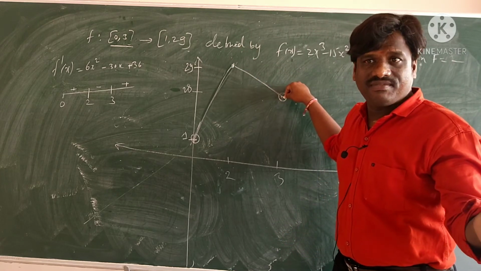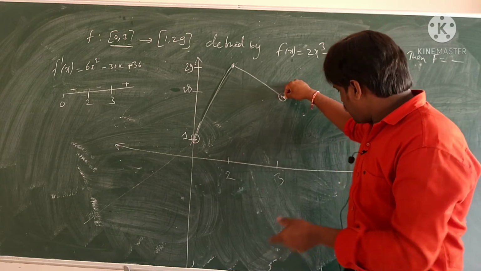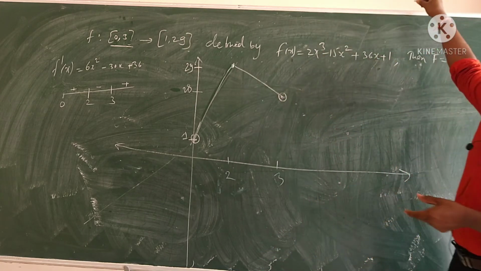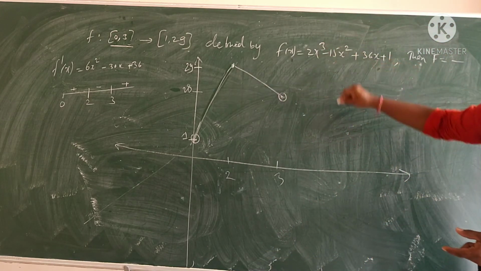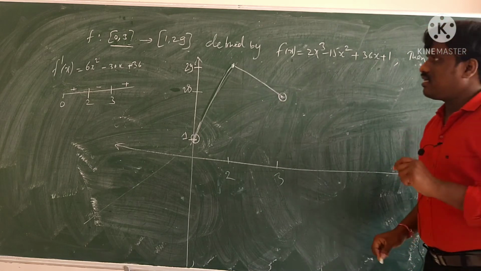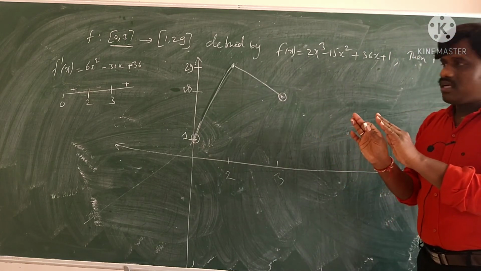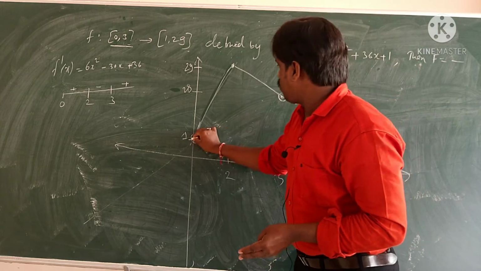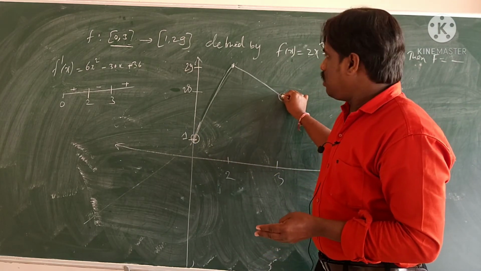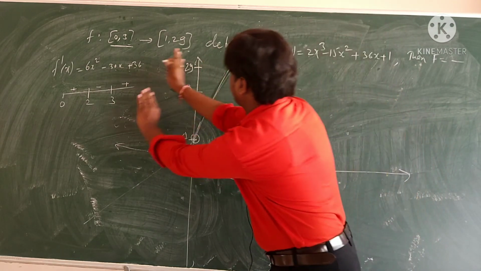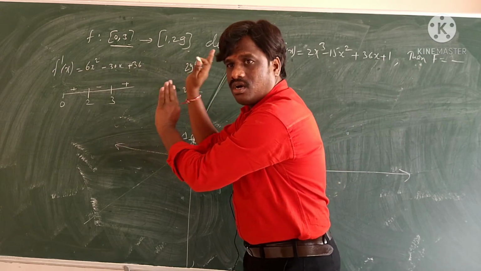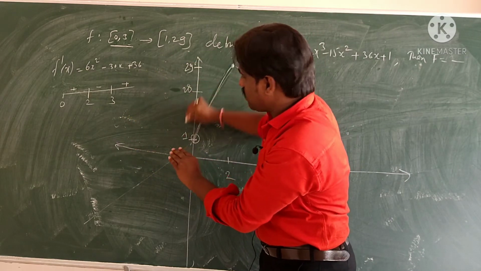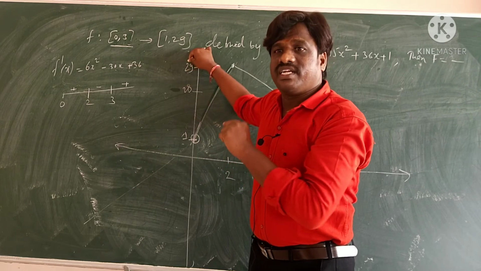You saw the graph we did previously, and from 3 to infinity it was again increasing. So the graph goes like this, like this, like this. But here I need to know the range. The domain is 0 to 3, so reflecting this on the y-axis, what is the answer? 1 to 29.